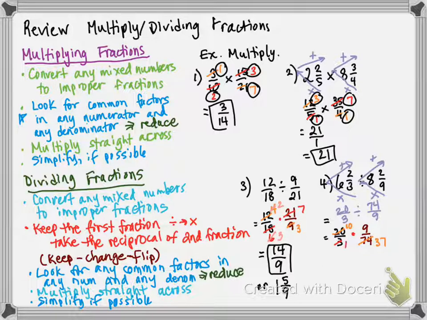So 3 divided by 3 is 1, 9 divided by 3 is 3. And then we just multiply straight across. So we get 10 times 3 is 30 over 1 times 37 is 37. Nothing more to simplify. 37's prime, and you are done.